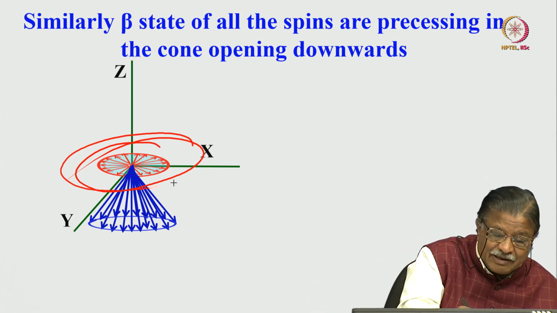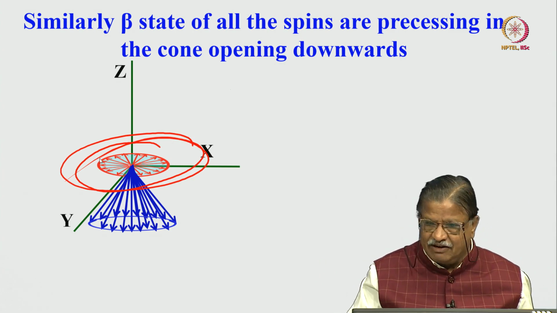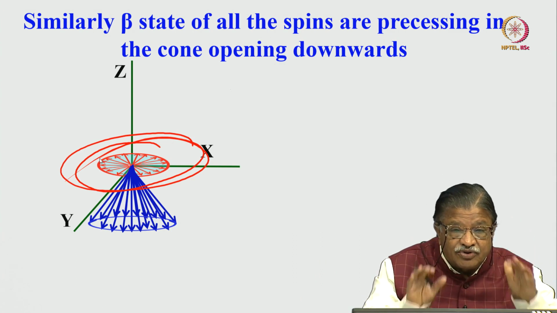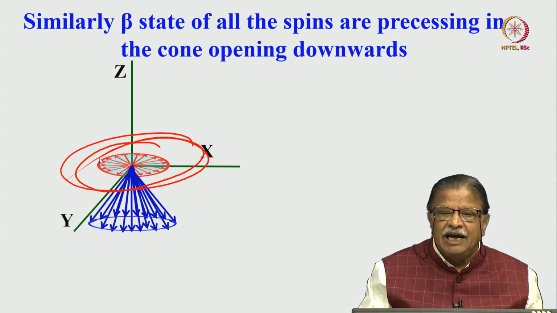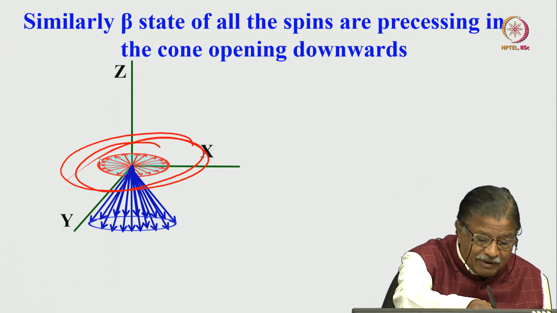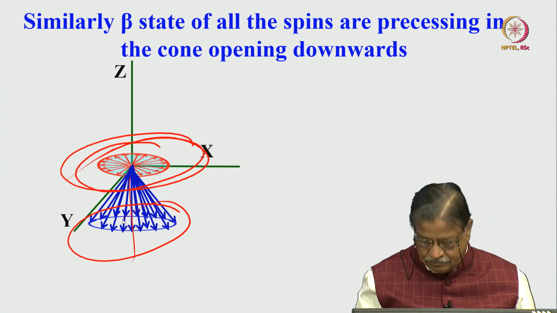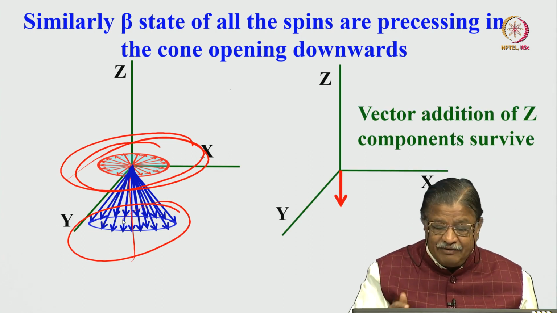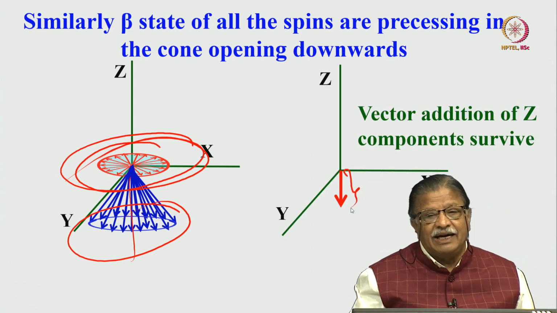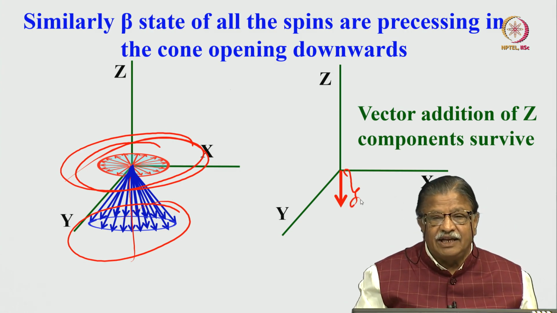Because of the random phase approximation, all the components along x and y are averaged out to 0. There won't be any magnetic moment along the x and y direction. Again along the minus z direction, all of them get added up. That is what is going to happen. And then we get a small magnetization, a small tiny magnet along the minus z direction.